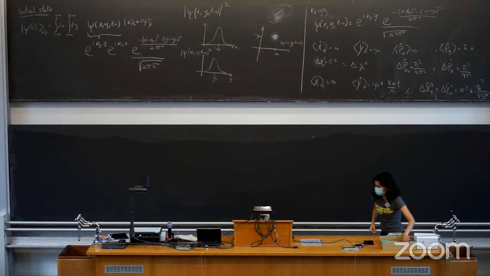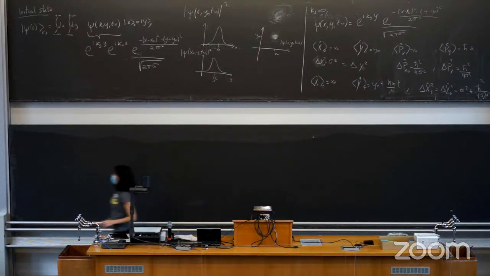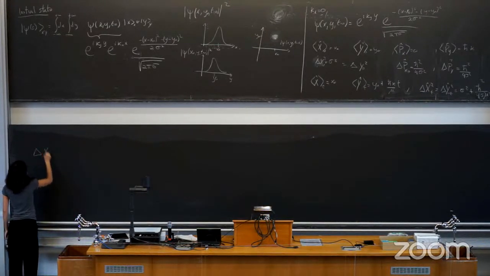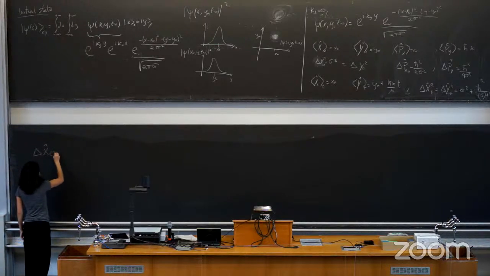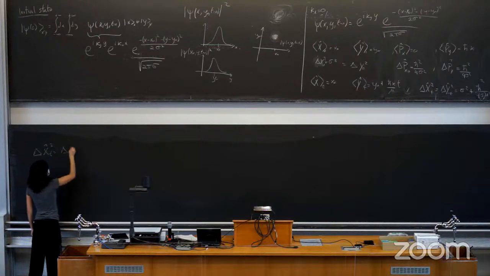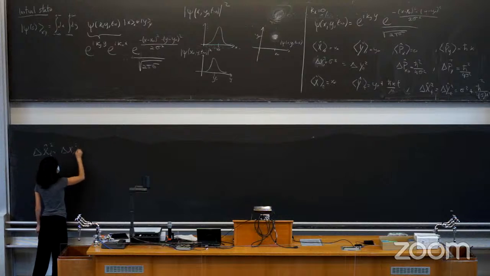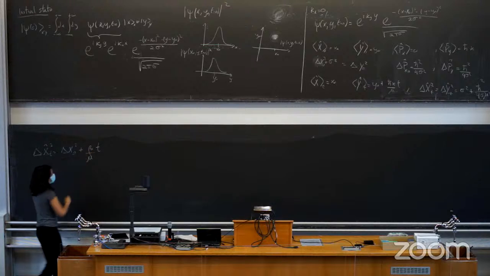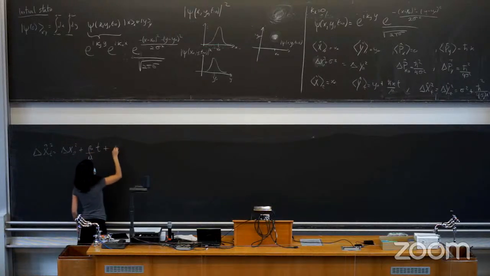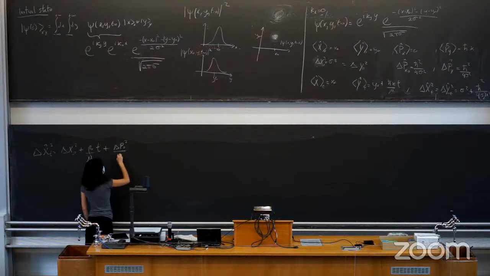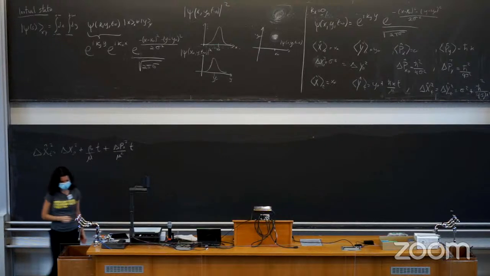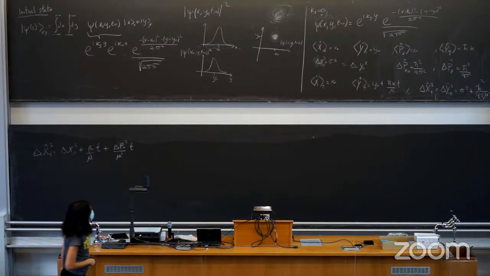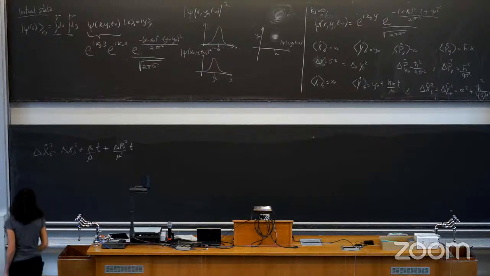So the general formula that we did yesterday was delta x squared at time t equals delta x squared at time 0, plus some beta that for the Gaussian is 0, plus delta p squared at time 0 divided by the mass squared, times t squared.